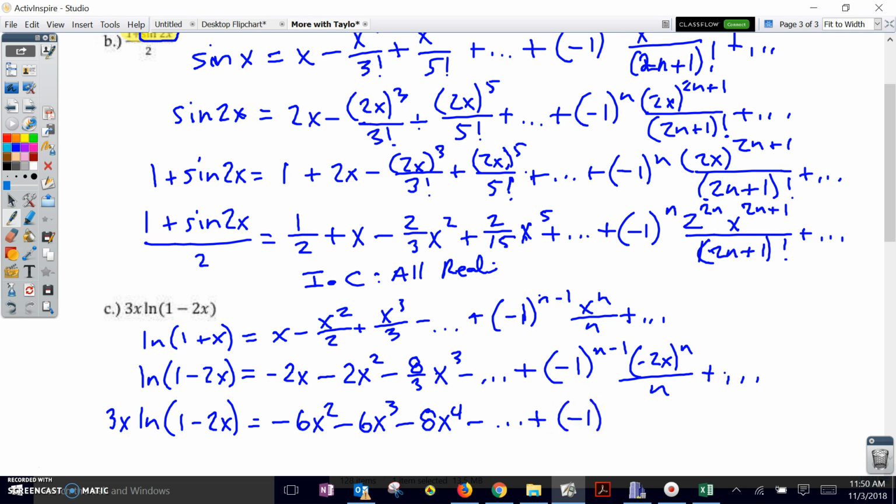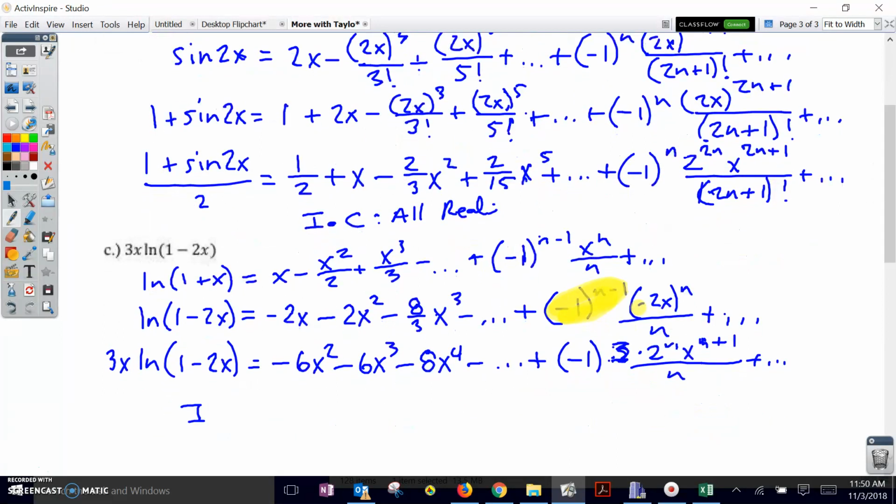So I can get rid of the negative sign here and the negative 1 to the n minus 1 and just change this over to 2x to the n. Let's make it 3 times 2 to the n x to the n plus 1 all over n.